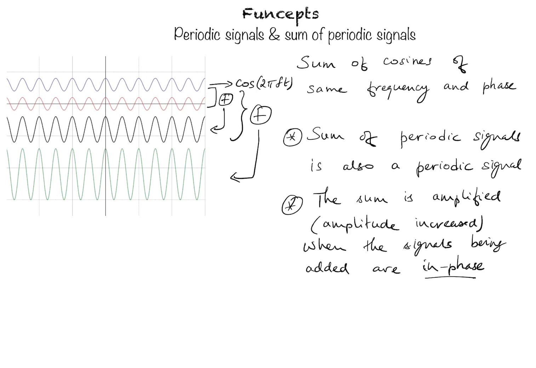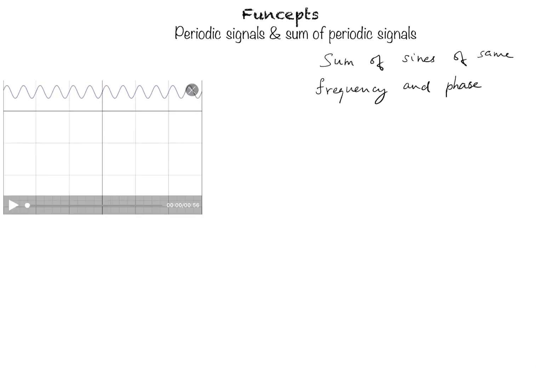So that's the sum of cosine waveforms of the same frequency and phase. We'll illustrate the same thing again with the help of a different example where we have the sum of sine waveforms of the same frequency and phase.